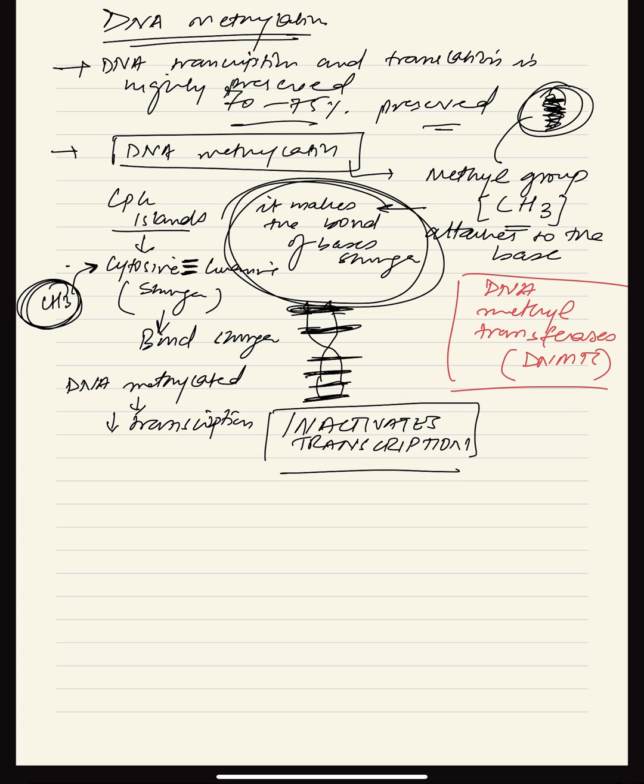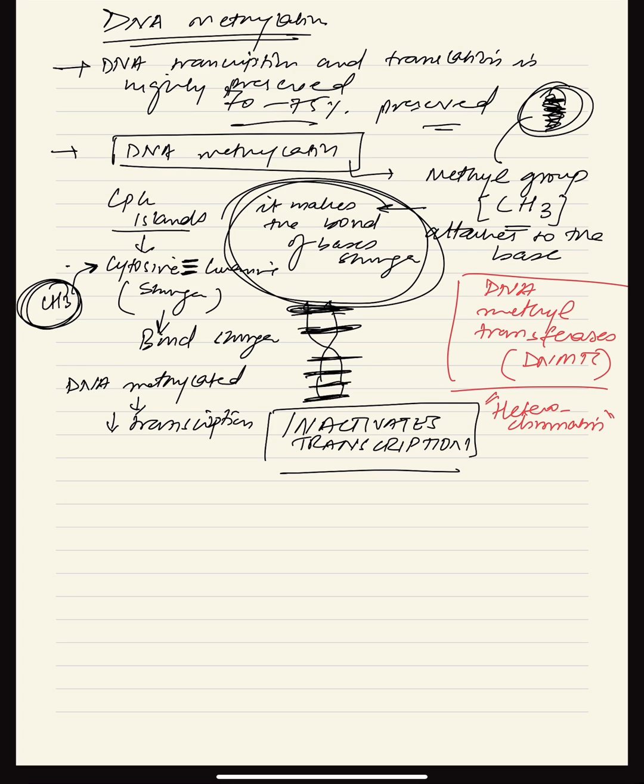So how it basically inactivates transcription is simply to remember that it helps part of the DNA form into heterochromatin, which we discussed as a more compact and condensed form of chromatin, right?